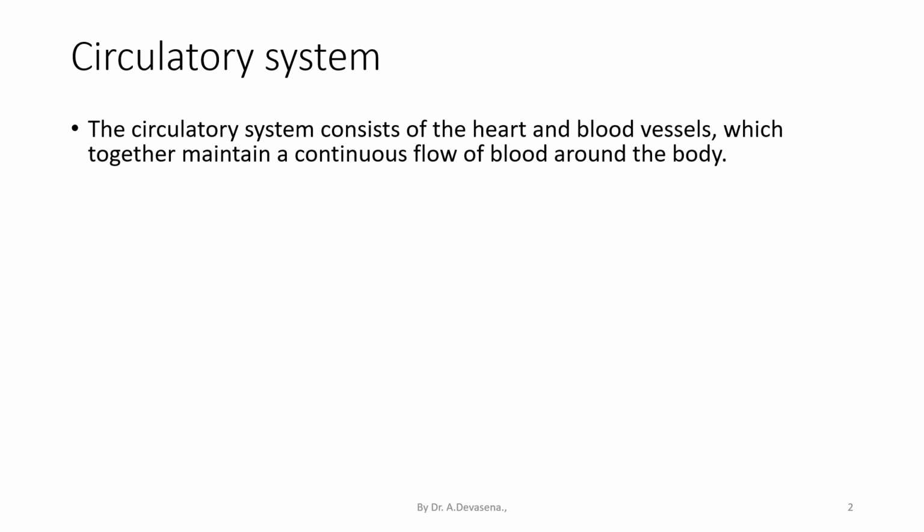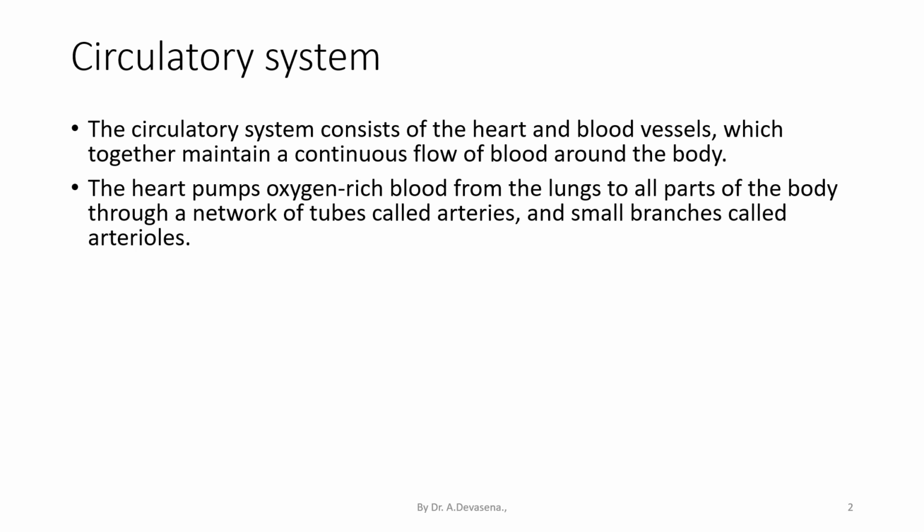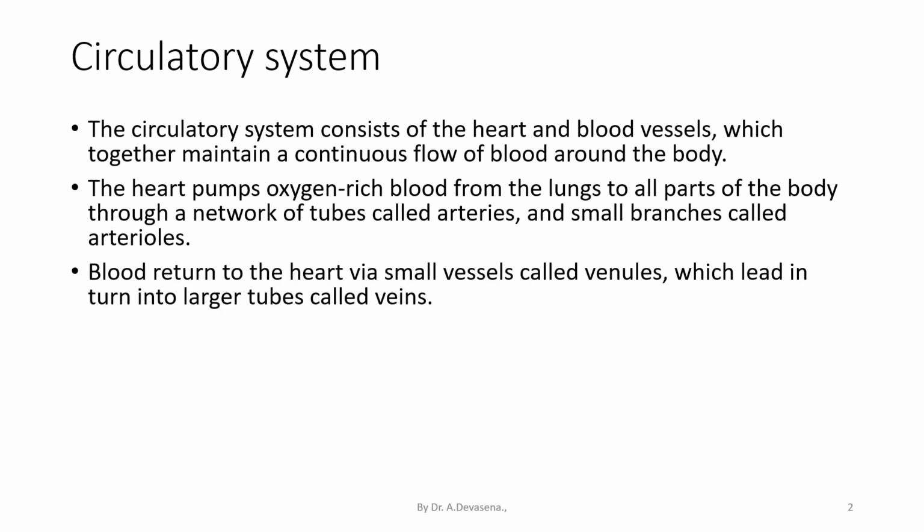The circulatory system consists of the heart and blood vessels, which together maintain a continuous flow of blood around the body. The heart pumps oxygen-rich blood from the lungs to all parts of the body through a network of tubes called arteries and small branches called arterioles.